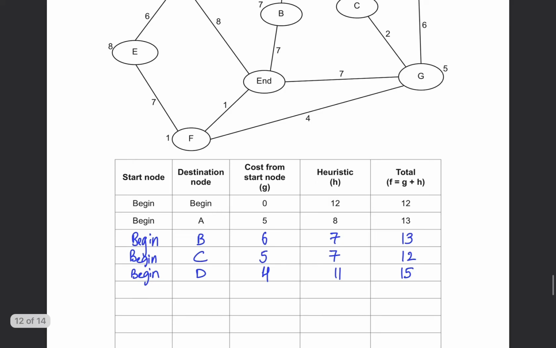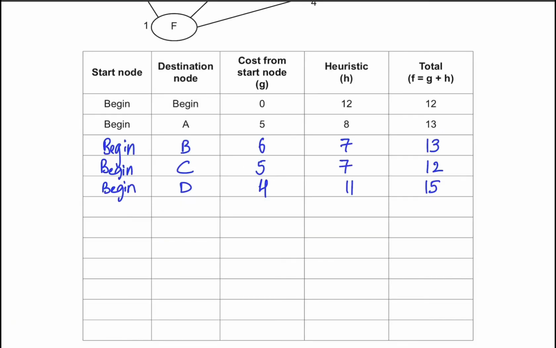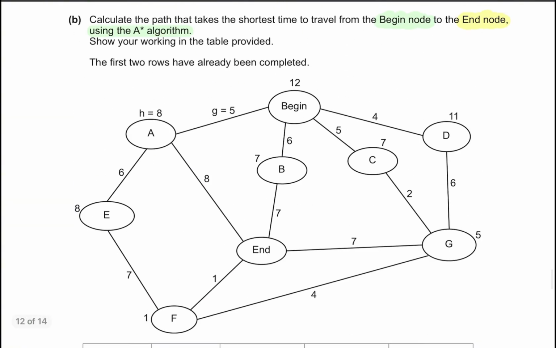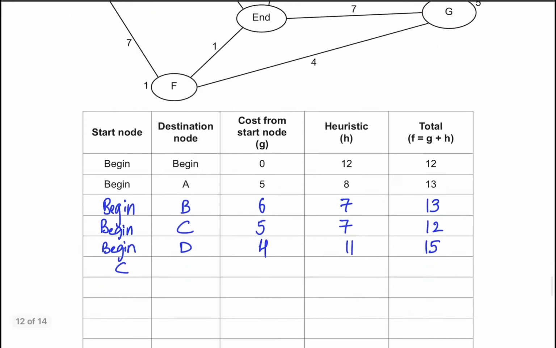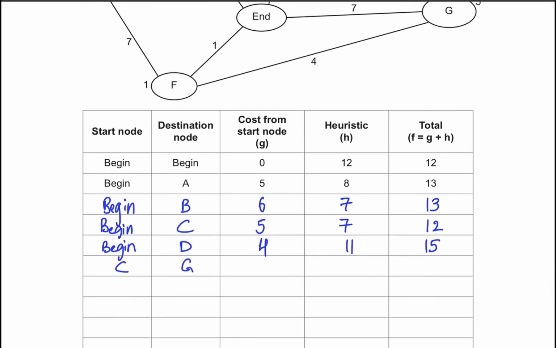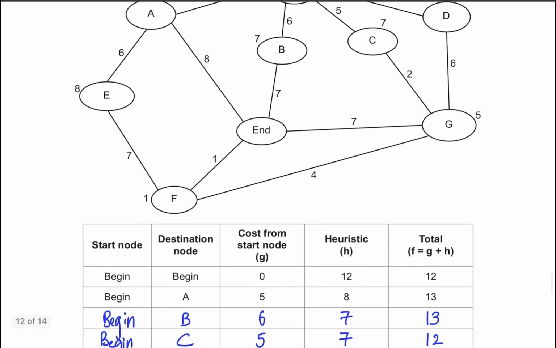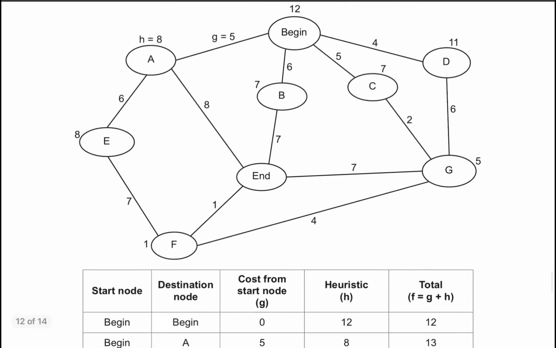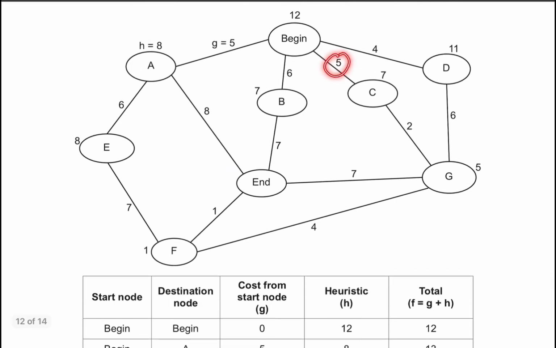Now we have the next option, which is begin. We'll start from C because we're talking about this one. So C to G. The cost will be 5 and 2. This is the first cost, this is the second cost.